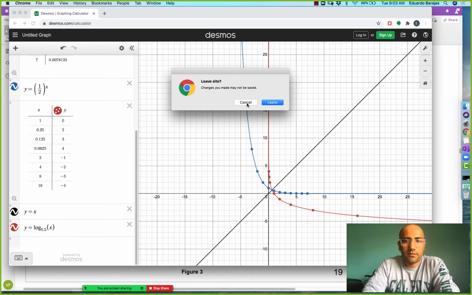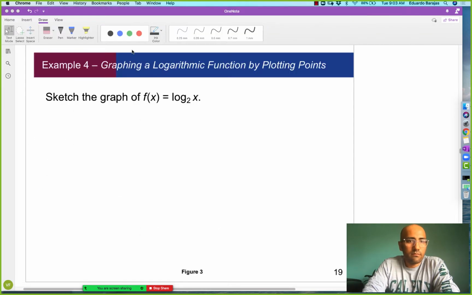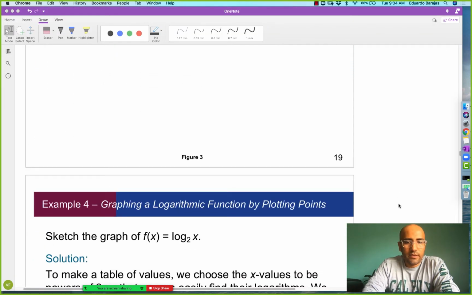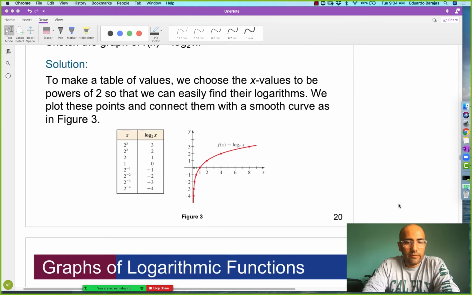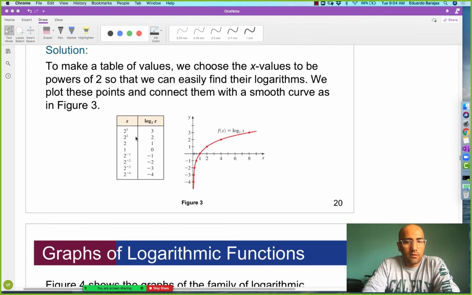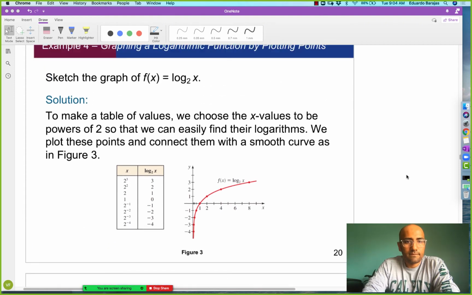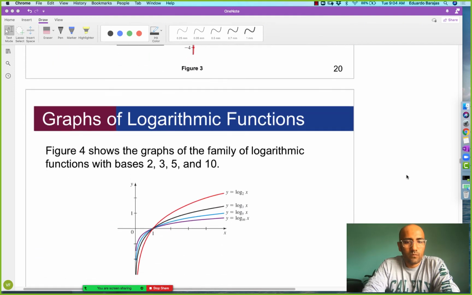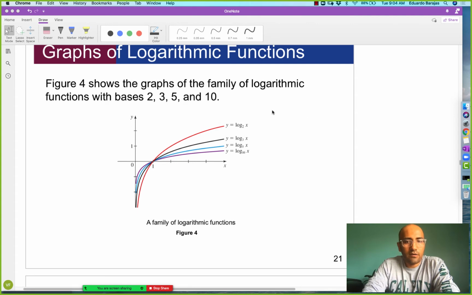All right, let's leave this. All right, so we kind of answered that. Right, we can create a table and find some values and graph them, and we get a general sense of the shape of log base 2 of x. And then here are various logs.